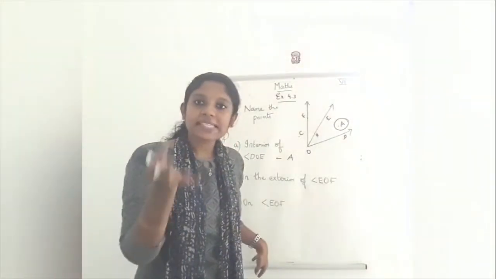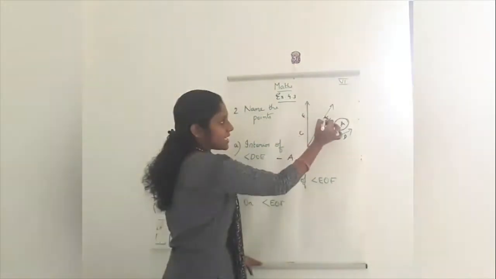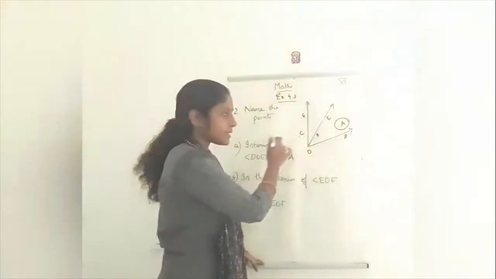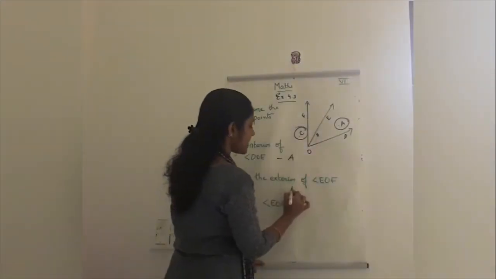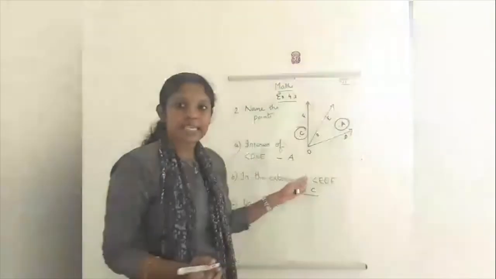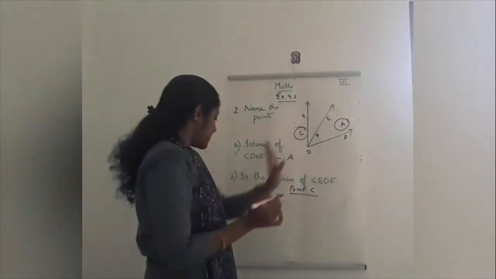Exterior means which lies outside. For angle EOF, the point which lies in the exterior is C. That is the answer: the point which lies in the exterior of angle EOF is C. So that was clear.